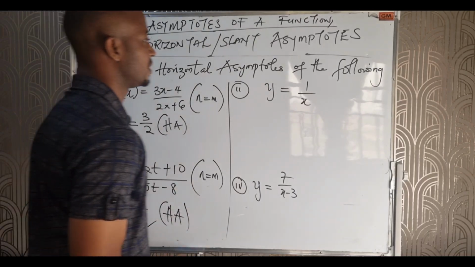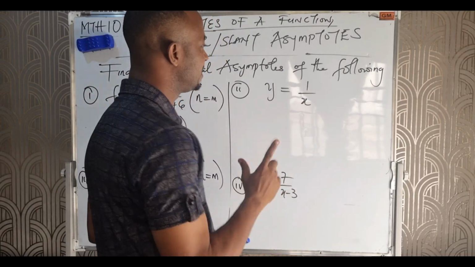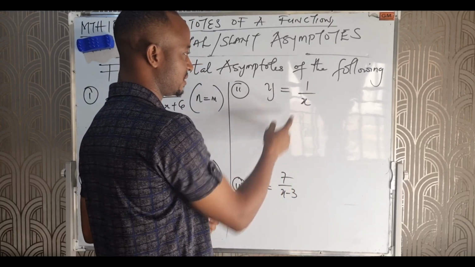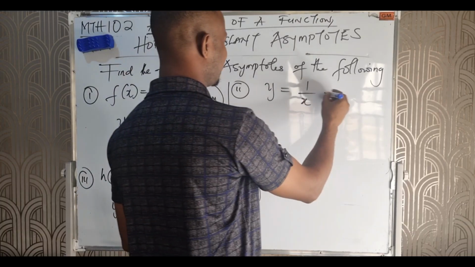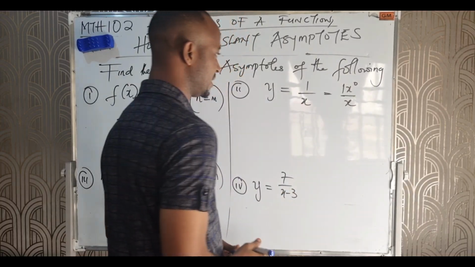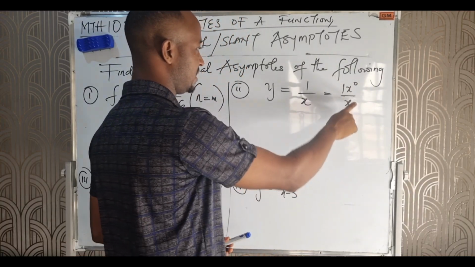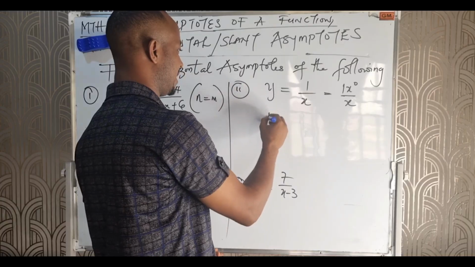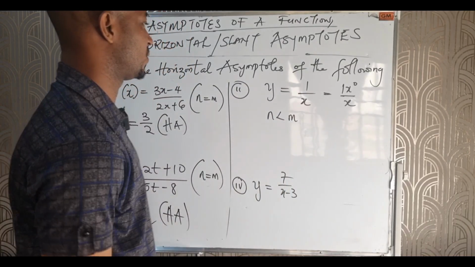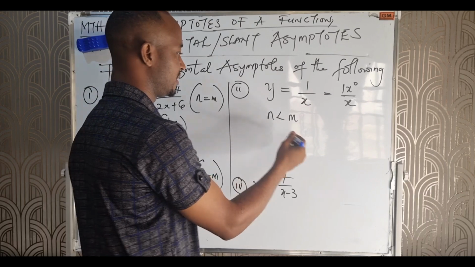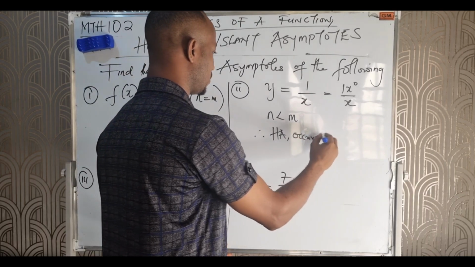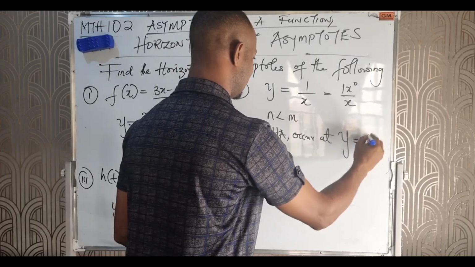Look at this here. What do you notice? The degree of the numerator is less than that of the denominator. 1/x can also be expressed as 1x to the power of 0 divided by x. The degree here is 0, the degree here is 1. So our n is less than m. Whenever n is less than m, HA occurs at y equals 0.